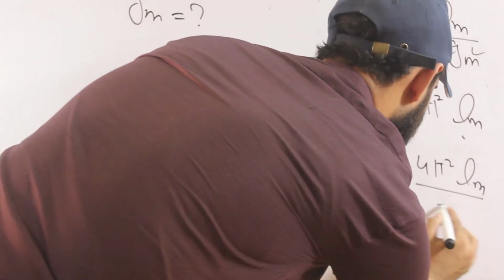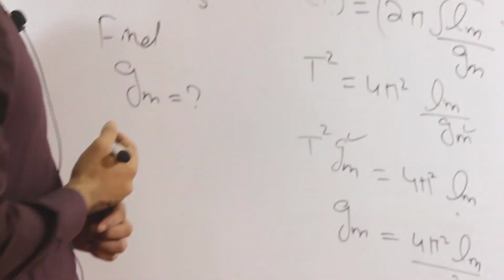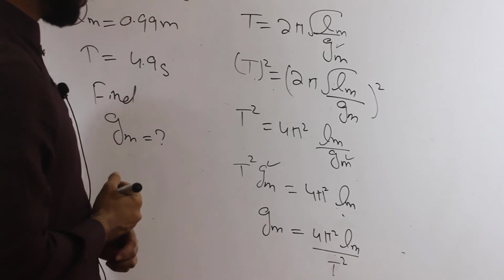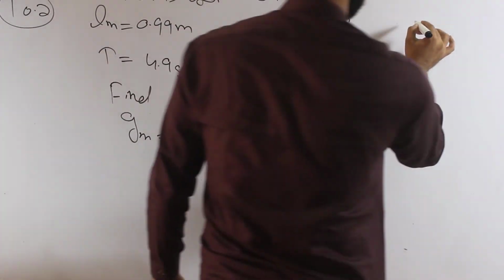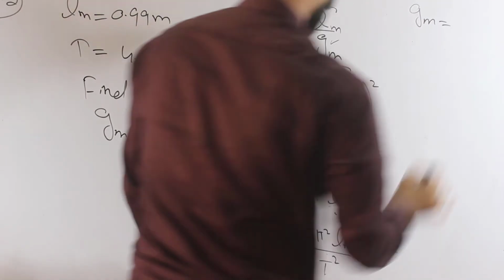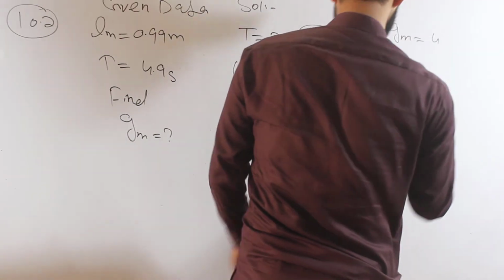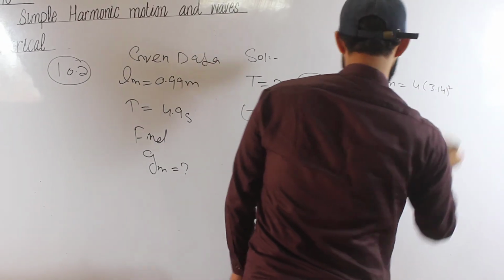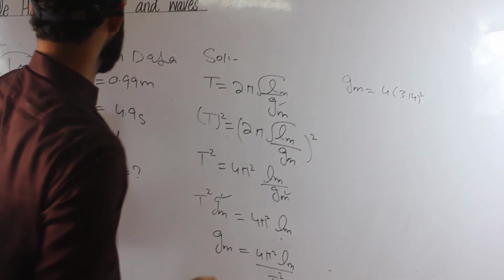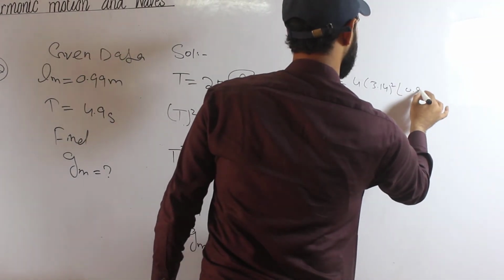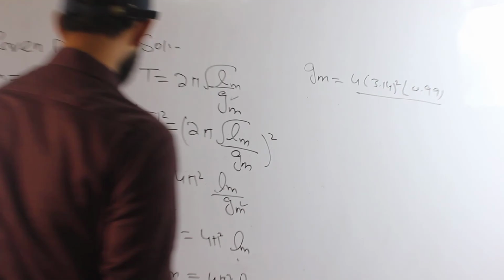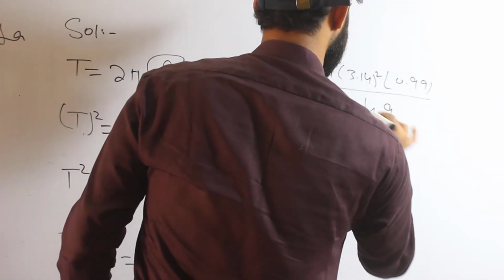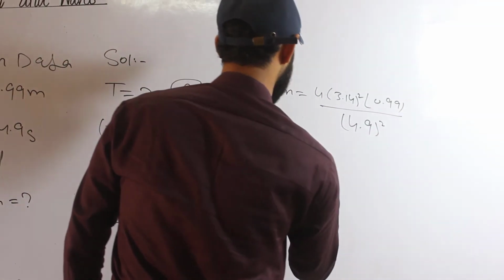Now putting the values in this formula, we will get the value of g on the surface of the moon. First of all, putting the values here: 4 as it is, 4 is a constant here, value of π is 3.14 square, and value of length on the moon is 0.99, and T here we have 4.9, so T is squared, so we are taking the square here also.